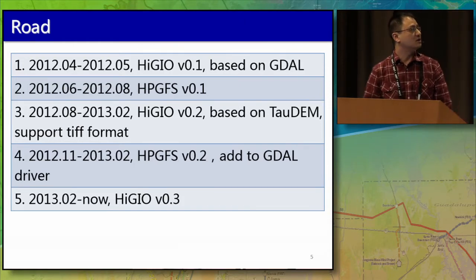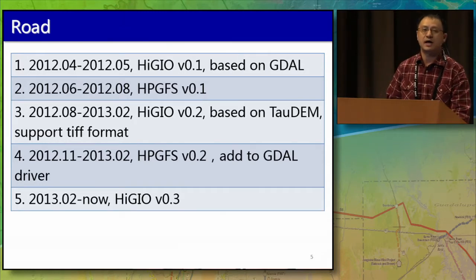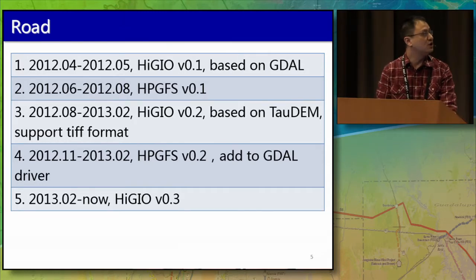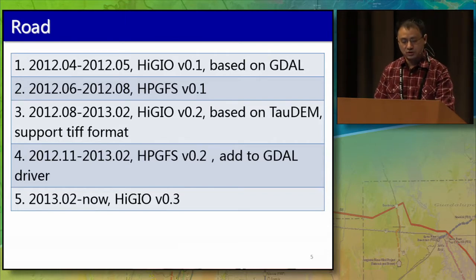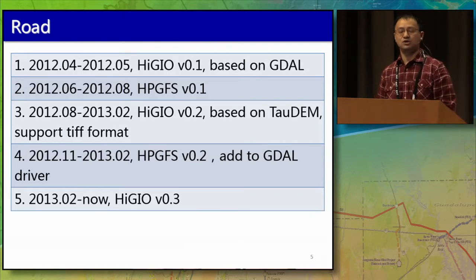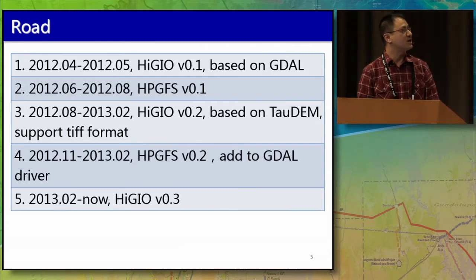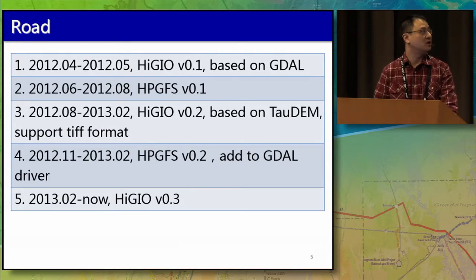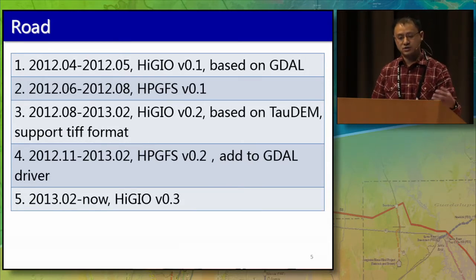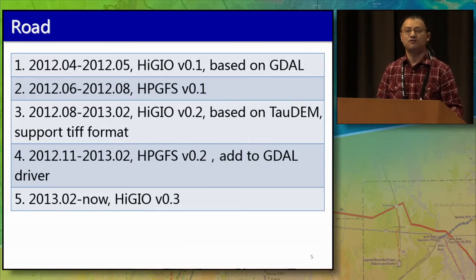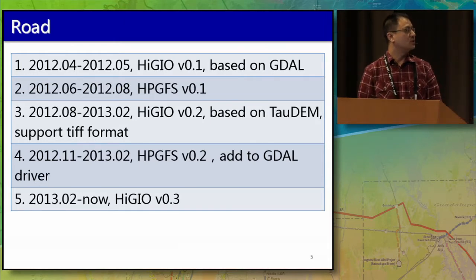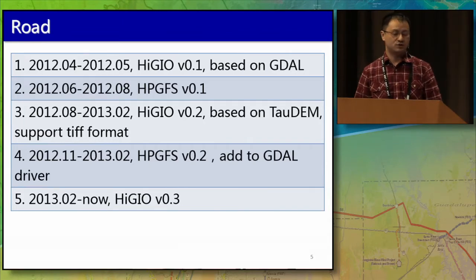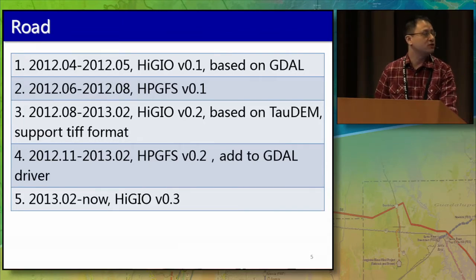But in this version, HiGeo can only support the TIFF format and simple data types. Then we went back again to HPGFS, and we implemented a GDAL driver for HPGFS. So we can use HPGFS to transform from any format that GDAL supports. And now we have developed HiGeo version 0.3.